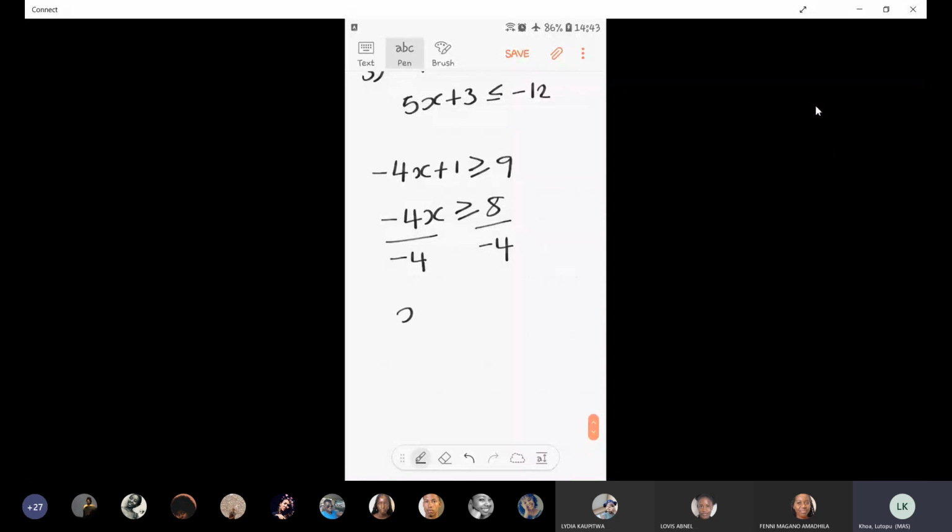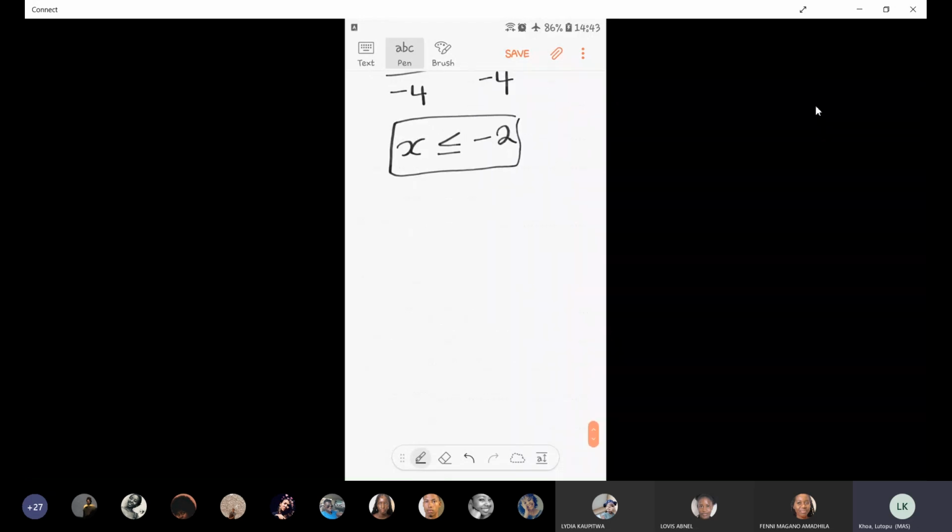So I have x, and you see my inequality has changed direction. It was the greater than or equal to inequality. Now it is the less than or equal to inequality. And then I have minus 2. So this is the first one. Then I solve the second one.